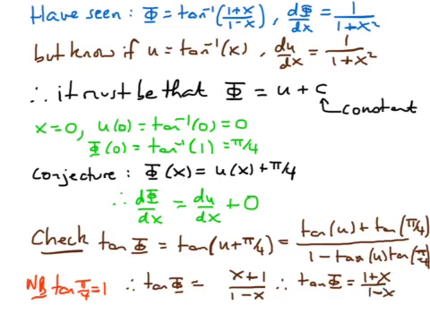And that's exactly what we thought it would be. It agrees with our conjecture up here. So therefore we know from what we've done here that our conjecture is correct, and this explains why it is the case that the derivatives of these two functions are the same. And with that I will end this video.